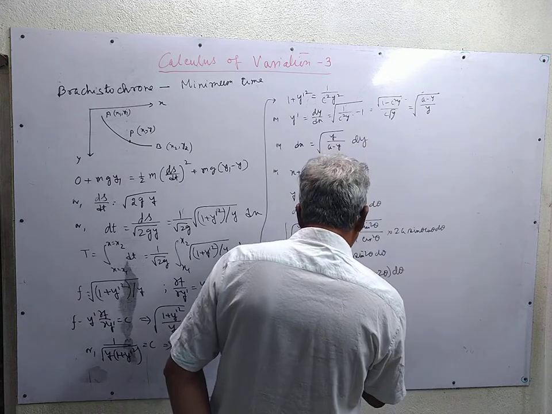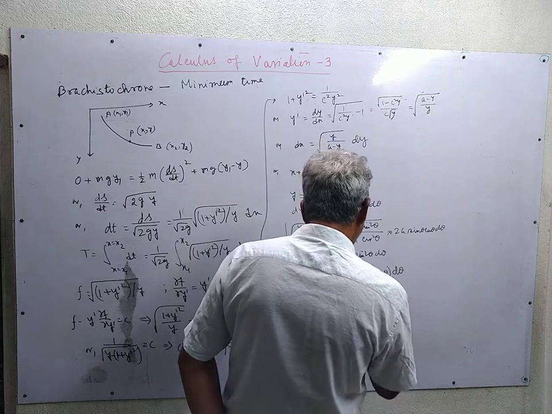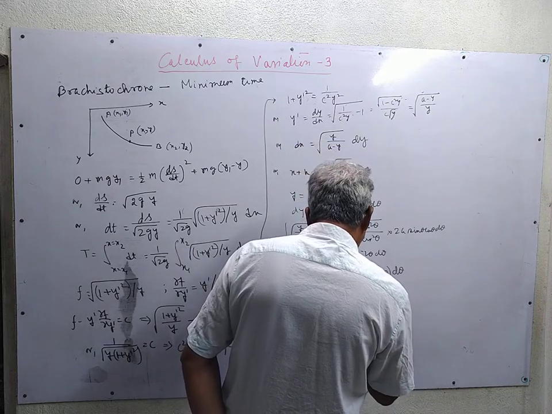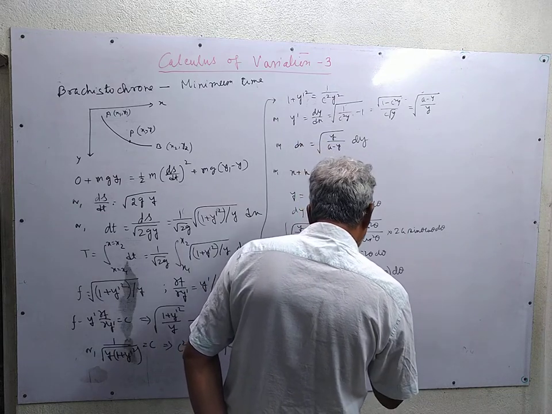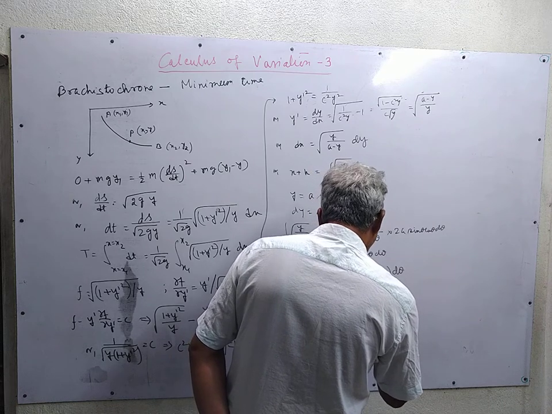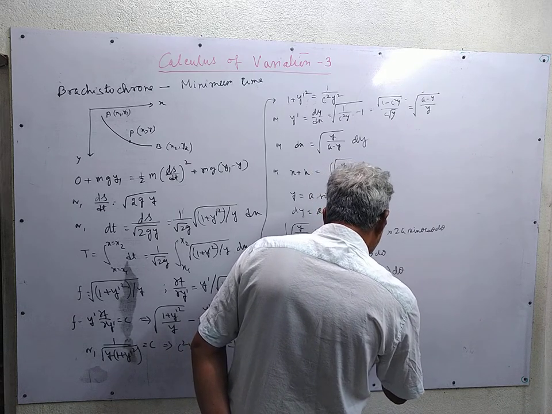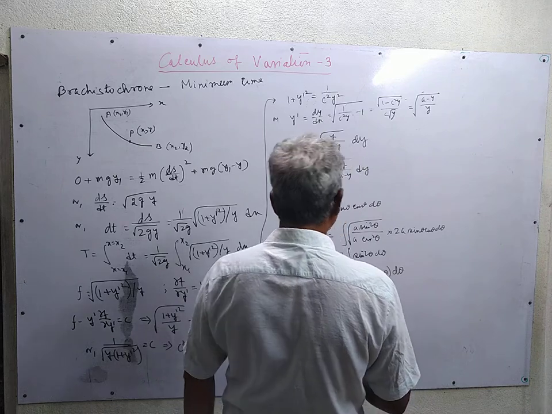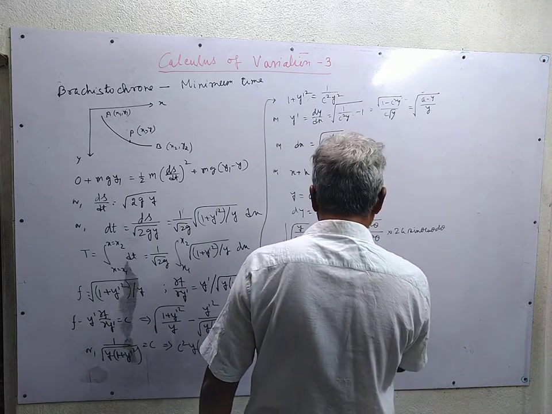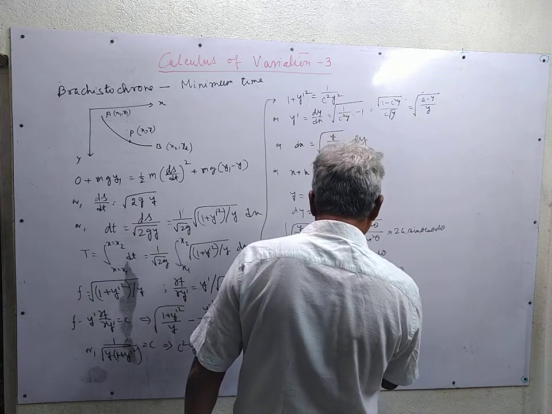On integration, this gives us theta minus half sine of 2 theta, and there will be an a part, a will be there.